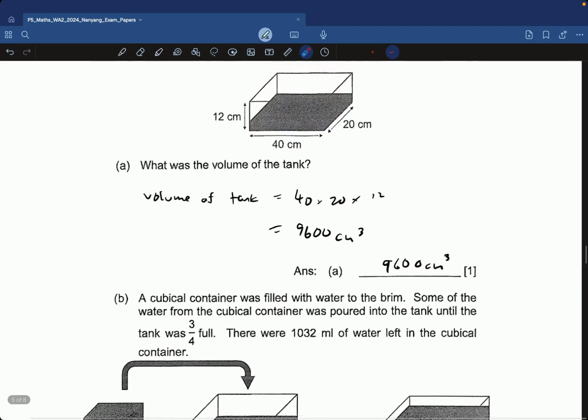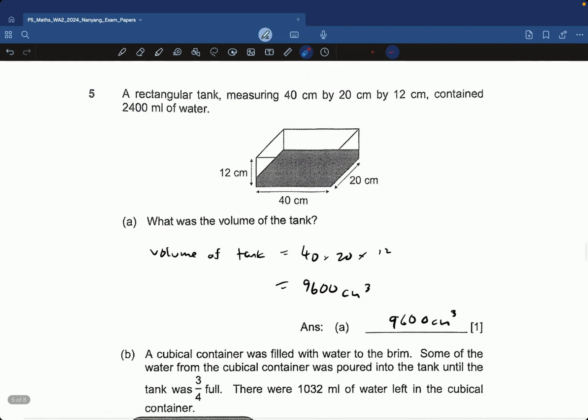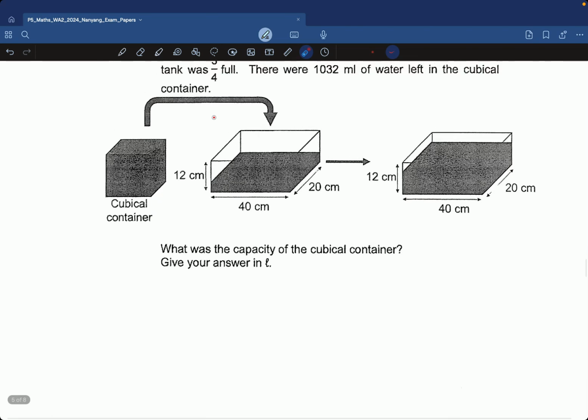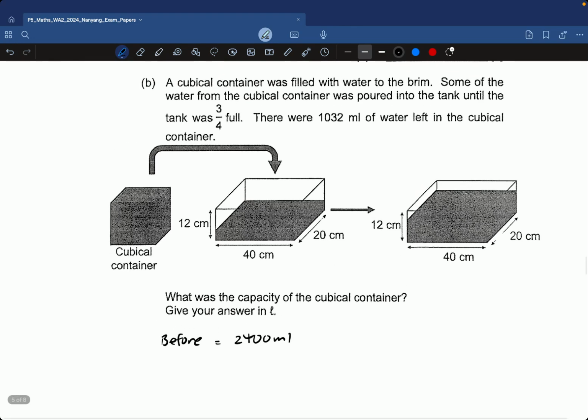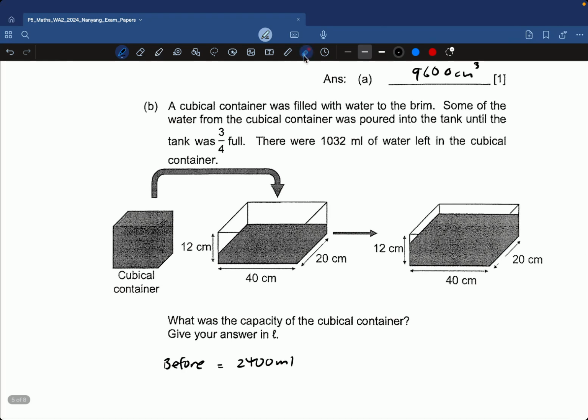So in this case, we already know how much water is there, right? So let's write it down. Okay, so before it was 2,400 milliliters. Okay, so now a cubicle container was filled with water.